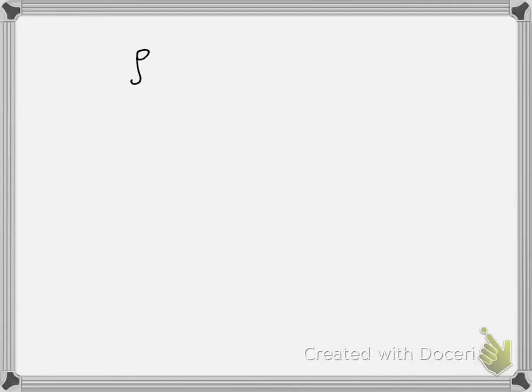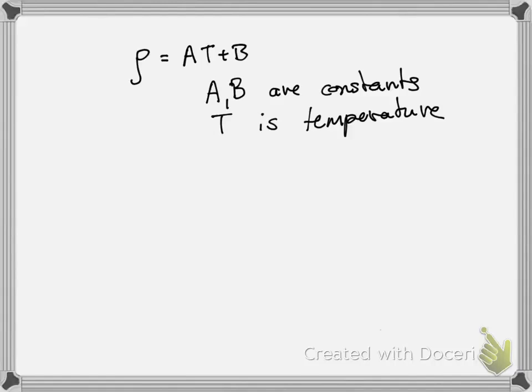Empirically, resistivity goes linearly with temperature, where A and B are constants and T is temperature. So resistivity goes linearly with temperature, not proportional. If it was proportional, it would be A times T, but it's linear: A times T plus B. Again, A and B are some arbitrary constants.